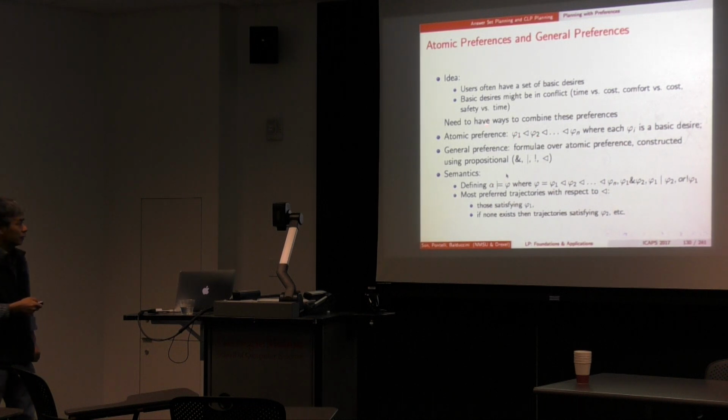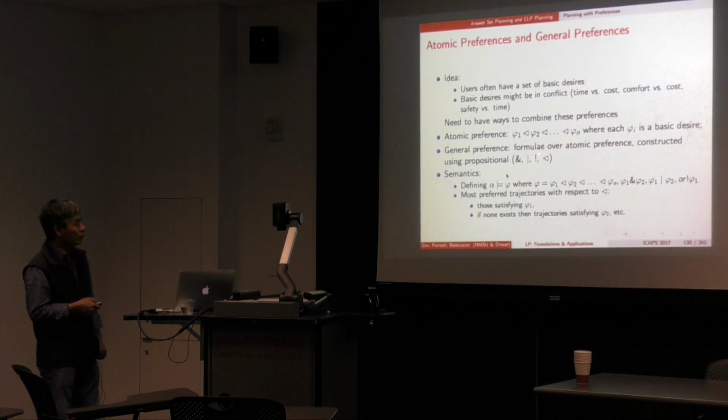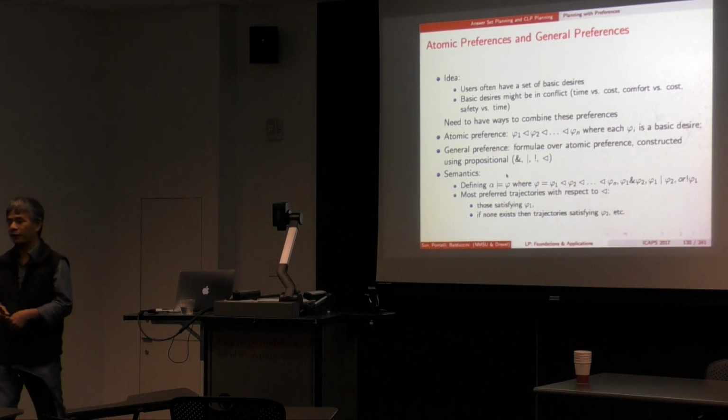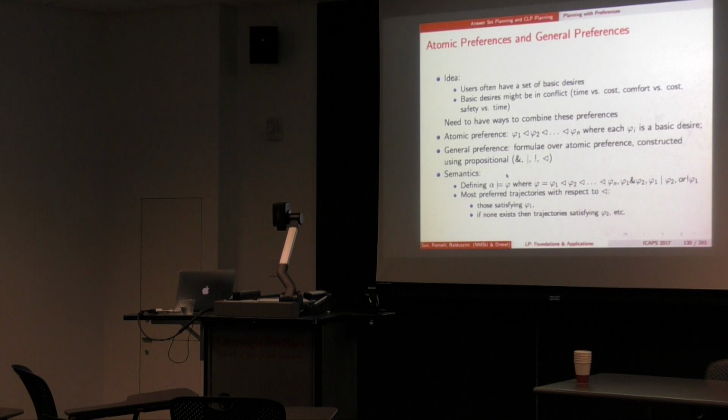And we have the general preferences, where we build formulas, another level of comparison on this one. I will not go over the semantics of this, but basically we define when a trajectory satisfies it. And now we have the language to express the preferences.